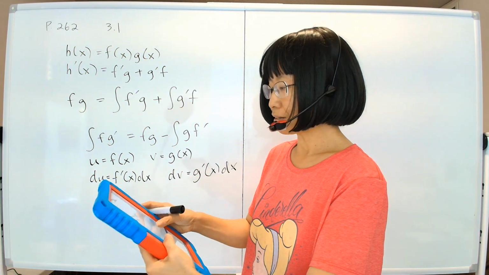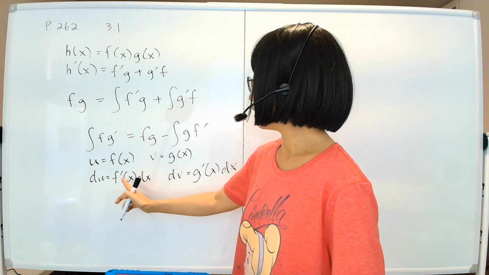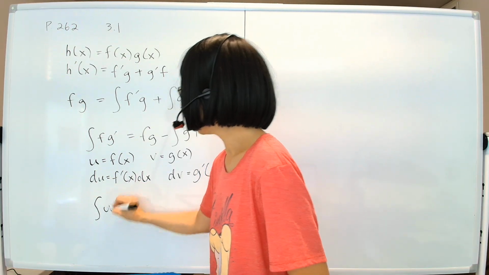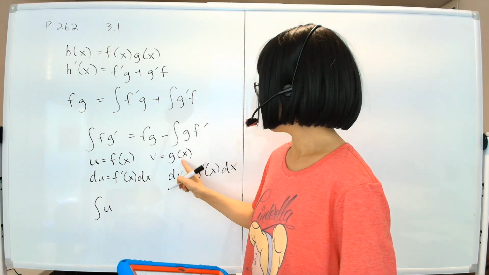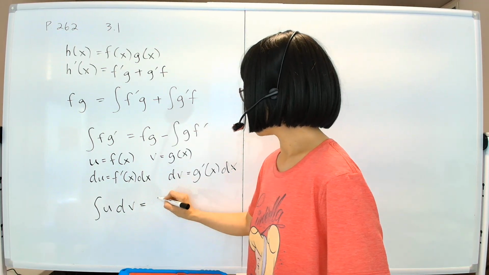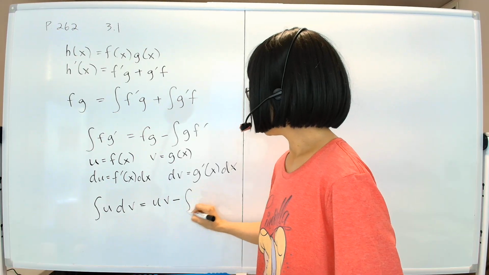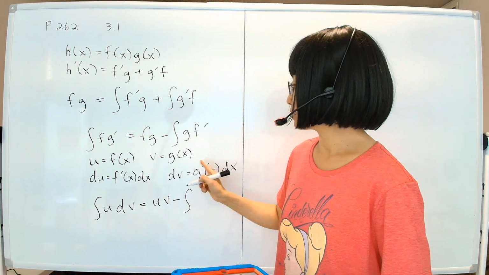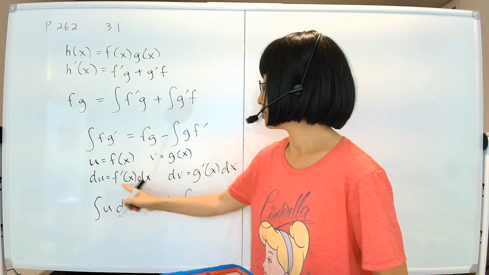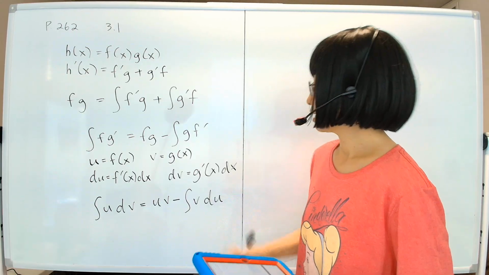When we plug all of this back in, this becomes the integral of u dv, since g prime dx is dv, equals f times g, which is u times v, minus the integral of g times f prime. Well, g is v, and f prime dx is du, so that all works out.